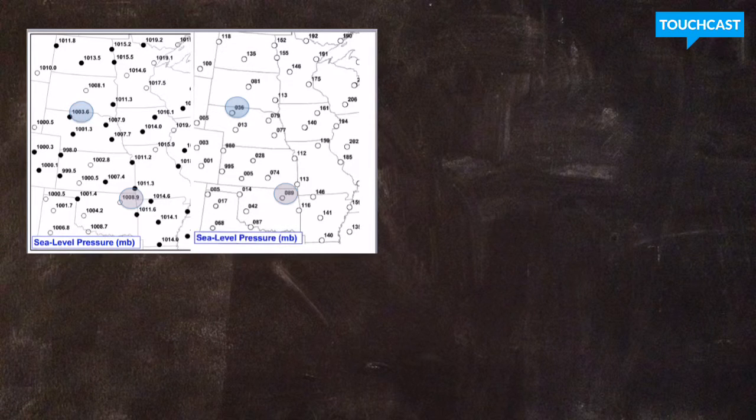Before we start practicing making isobars, we need to talk about how we can see pressures on the map. So let's first go back to what is an isobar. Remember that iso means equal and bar means pressure.